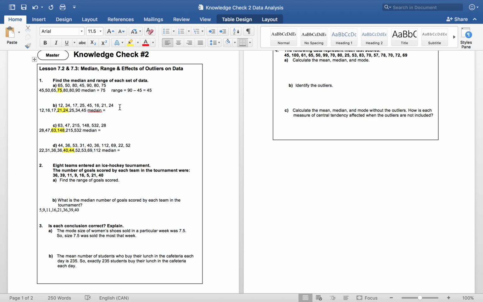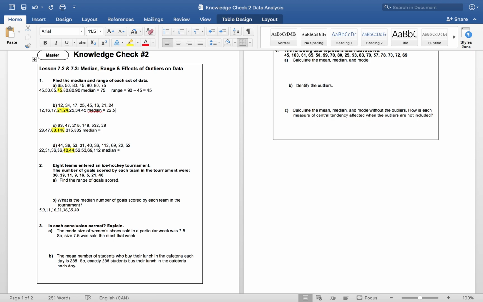B, this next set of data, organize it again from least to greatest, giving us our middle number. And this time there's 2, because there's 1, 2, 3, 1, 2, 3 numbers on each side. There's 2 numbers in the middle. So your middle between 21 and 24, the number that fits between those is 22.5.